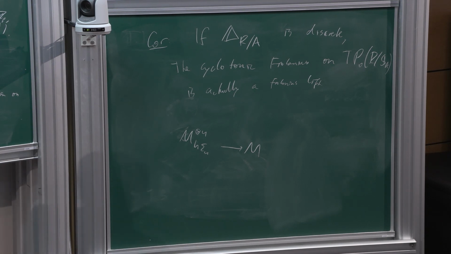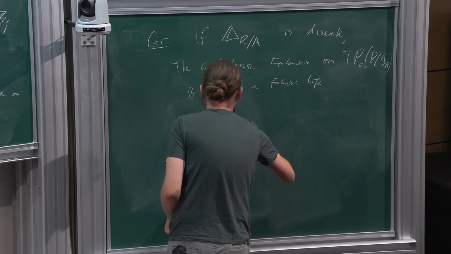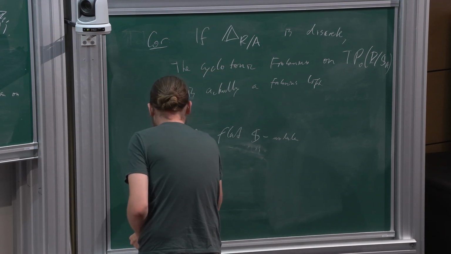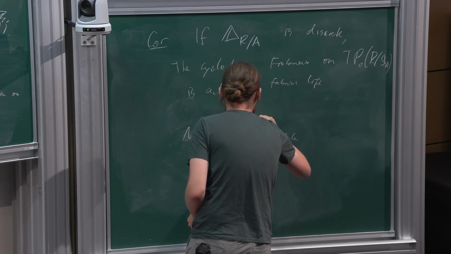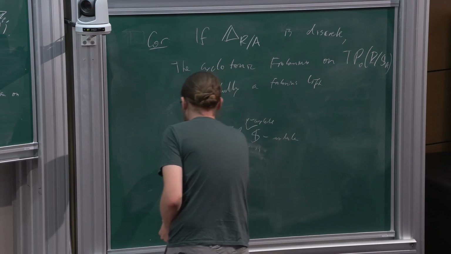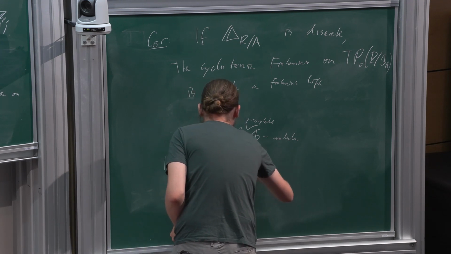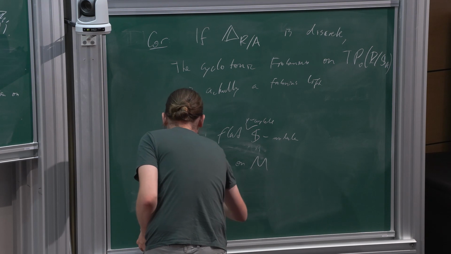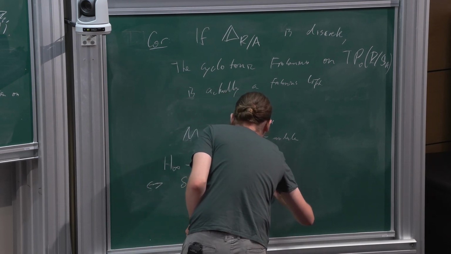Okay, the statement is, say M is a flat p-complete S-module. Then H infinity structures on M are the same as delta ring structures on pi 0 M.